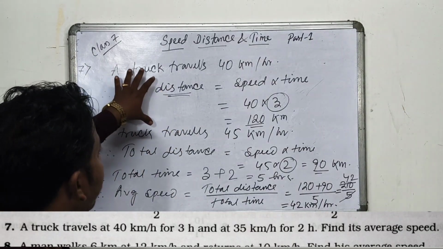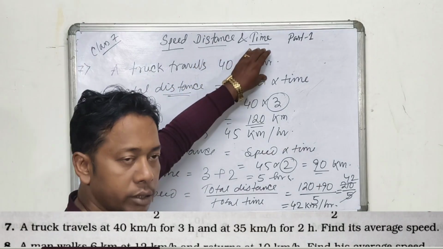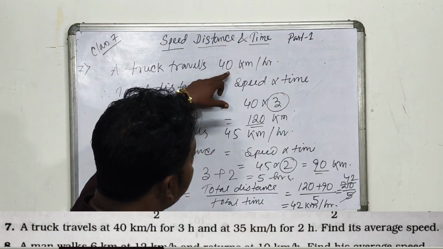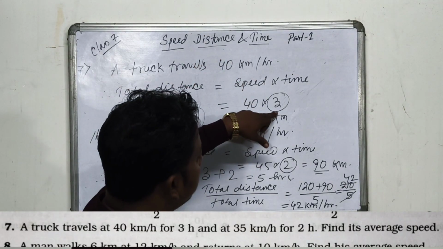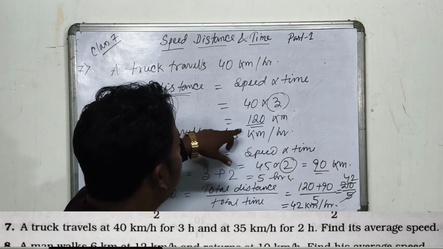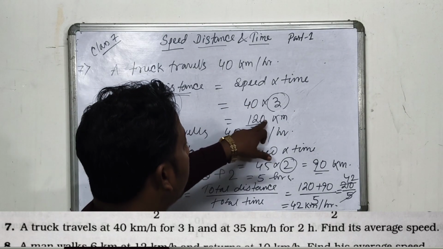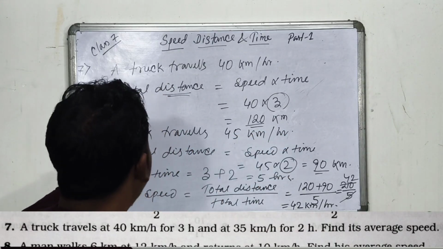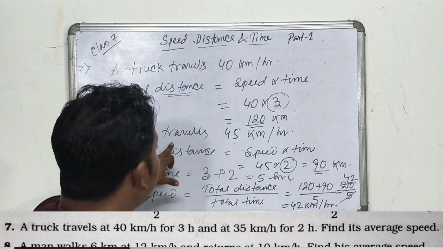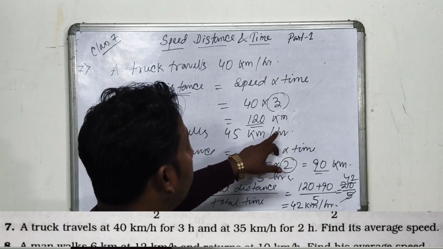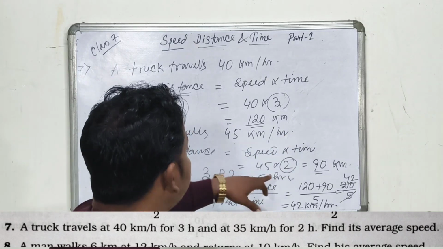That means first the truck travels 40 km per hour. Now at that speed in 3 hours the truck travels 120 km. But now the truck speeds up and travels 90 km in another 2 hours.